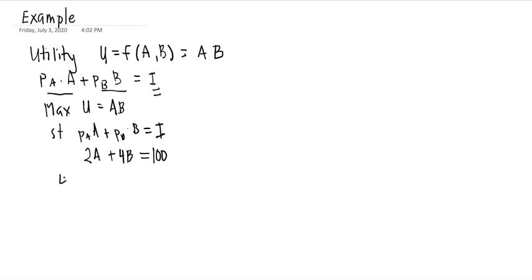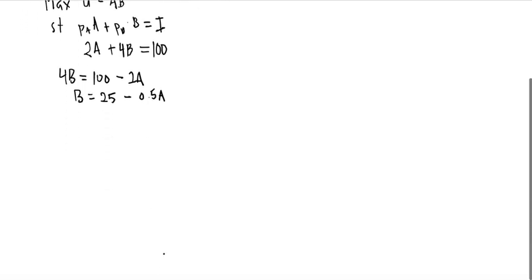So in order to just solve this one, I'm just going to put B by itself on one side of the equality sign, and then we have that B equals 25 minus 0.5A. All right, so if I give myself a little bit more space here, I'm going to plug that into my utility function.